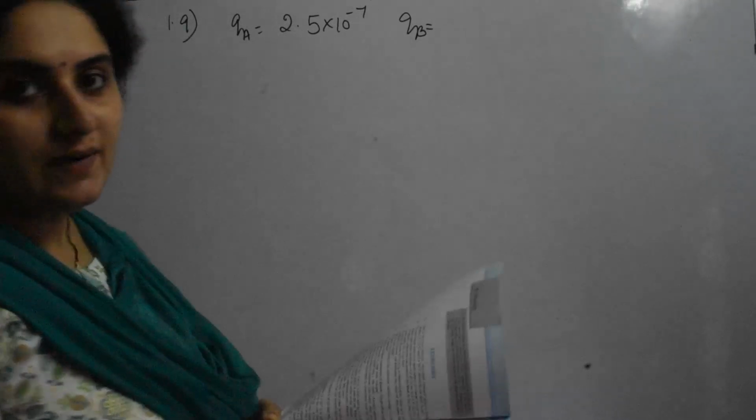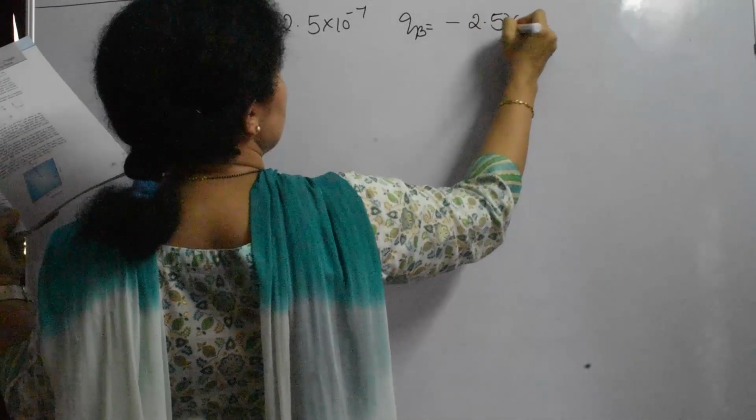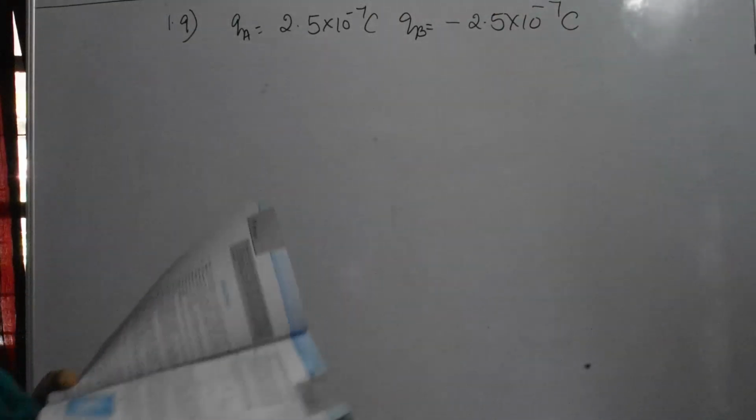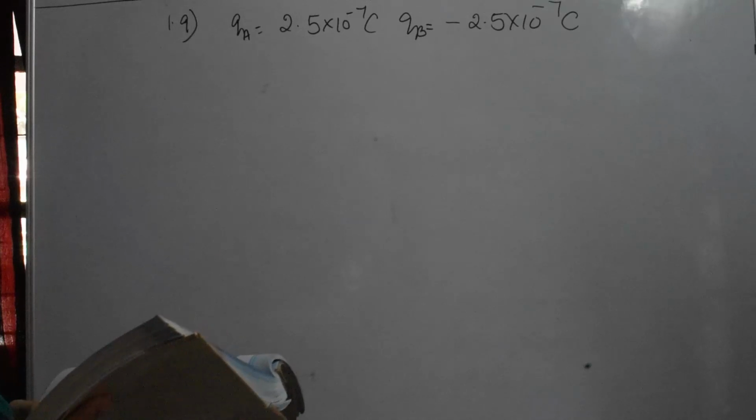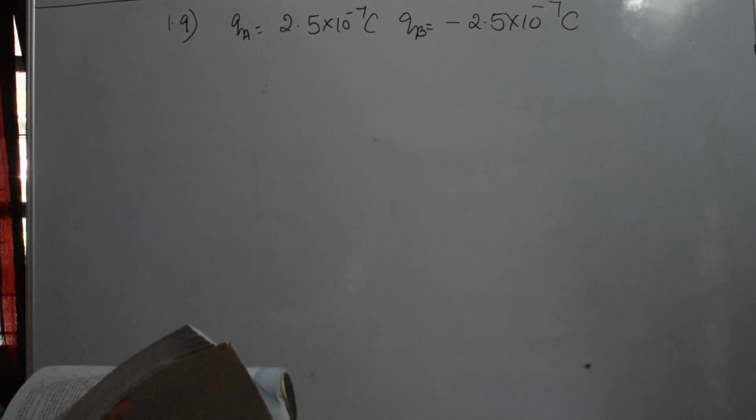It is again equal and opposite charges, minus 2.5 into 10 to the power minus 7 Coulomb, which are located at points A and B respectively.